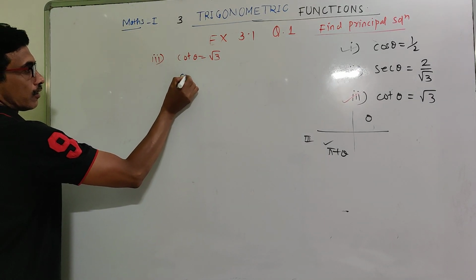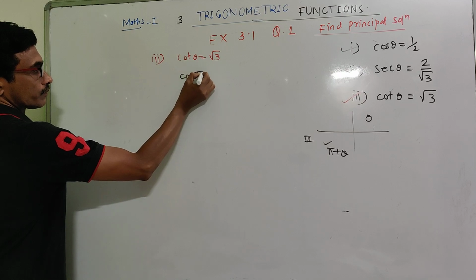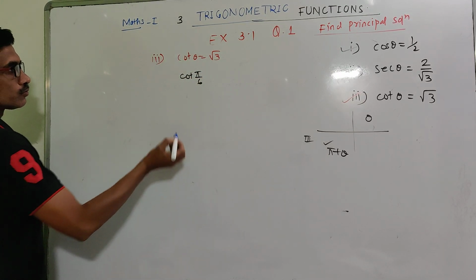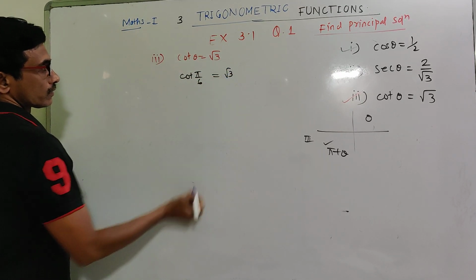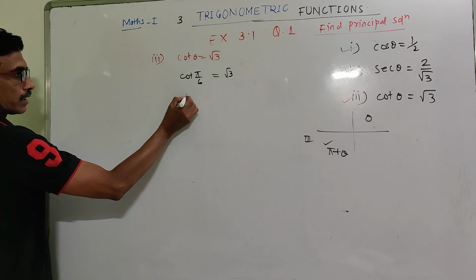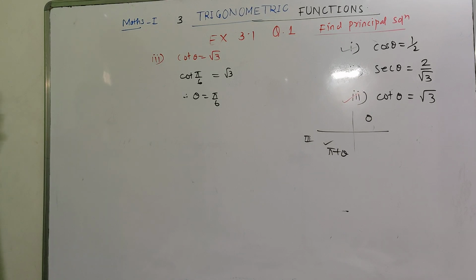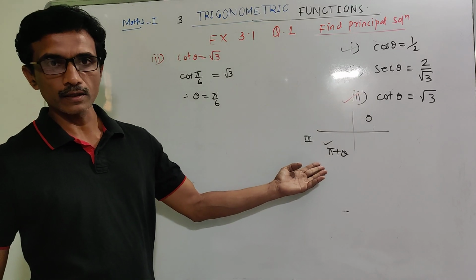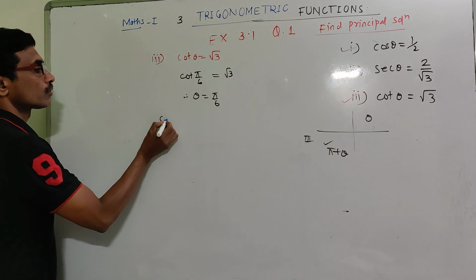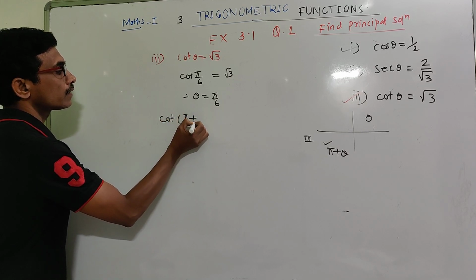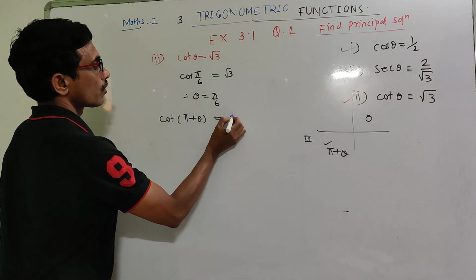So cot of pi by 6, that is 30 degrees, is root 3. Therefore theta is equal to pi by 6 is one angle. Then it is positive in the third quadrant. We know cot of pi plus theta is equal to cot theta.